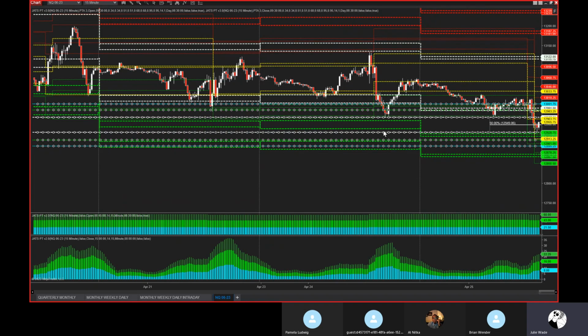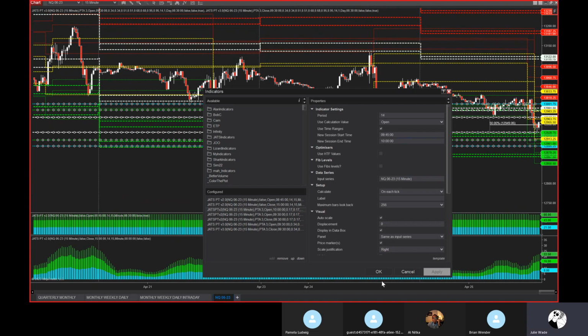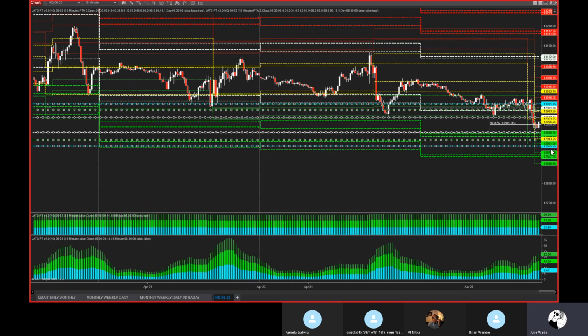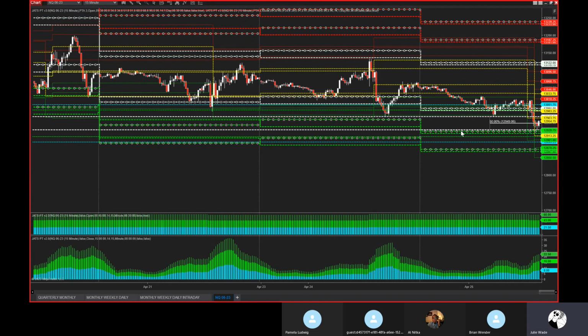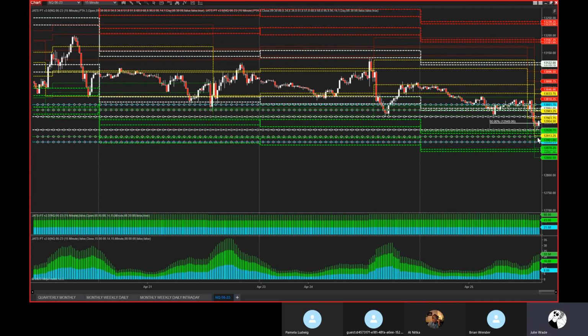So we're at the end of that little custom range, the PT1 of the custom range of the 9:45 to 10. So if we go below the PT1, then you're going to be looking to come down to the end of these ranges.